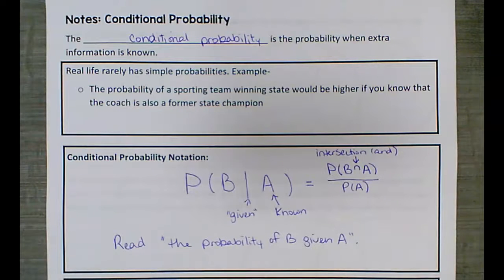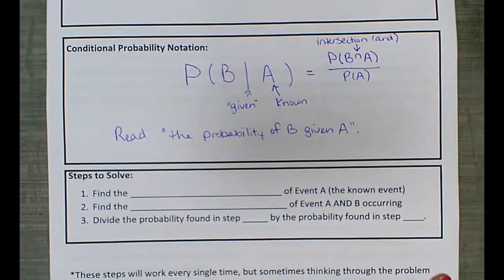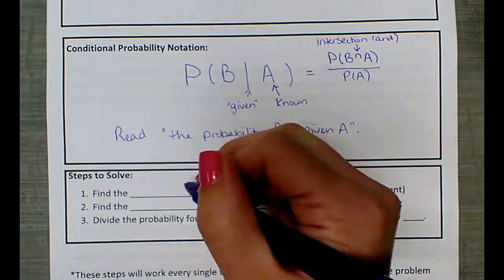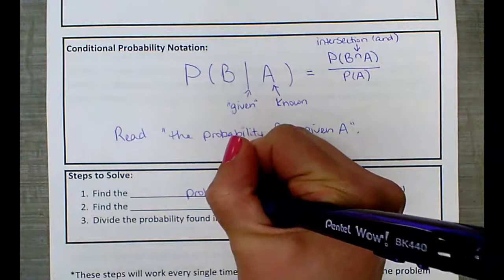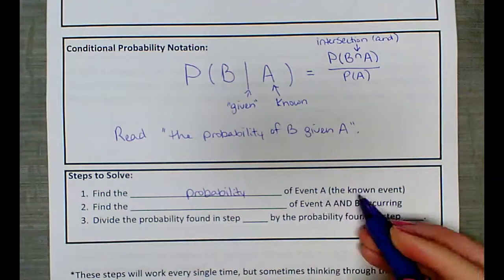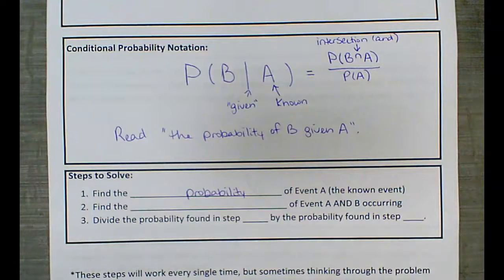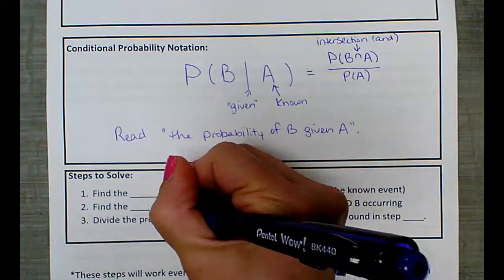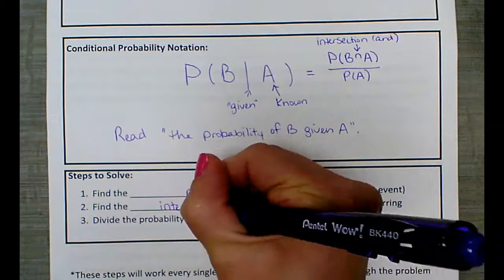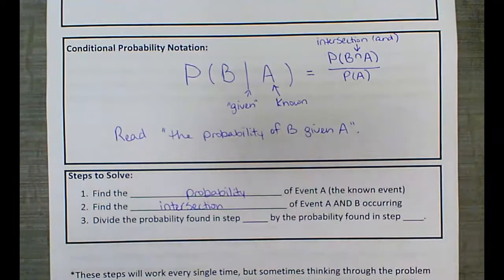So the steps to solve is following the formula. You want to find the probability of event A, the known event. You also want to find the intersection of event A and B occurring.